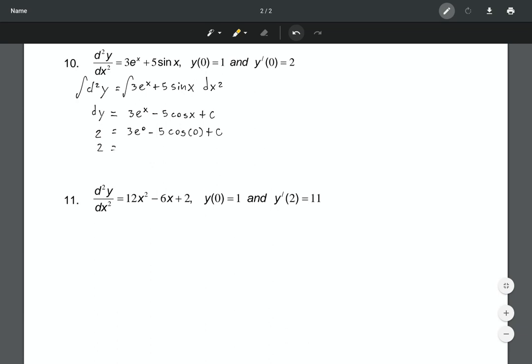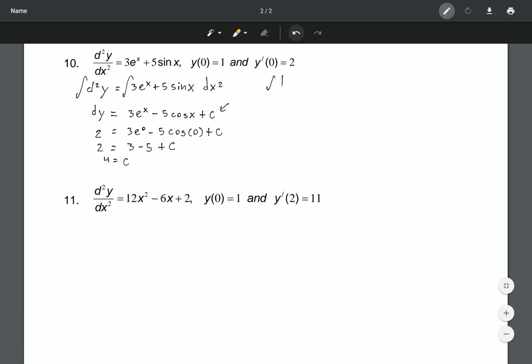So this is going to be 3 minus 5 plus c. Okay, now 3 minus 5 is going to be negative 2. And if I add that negative 2 to the other side, I would get c is equal to 4. Okay, so now notice that we have this equation right here, but instead of c, we're going to have a 4 now.